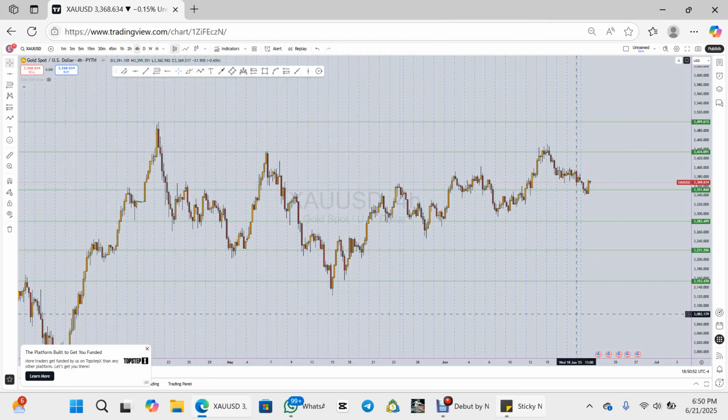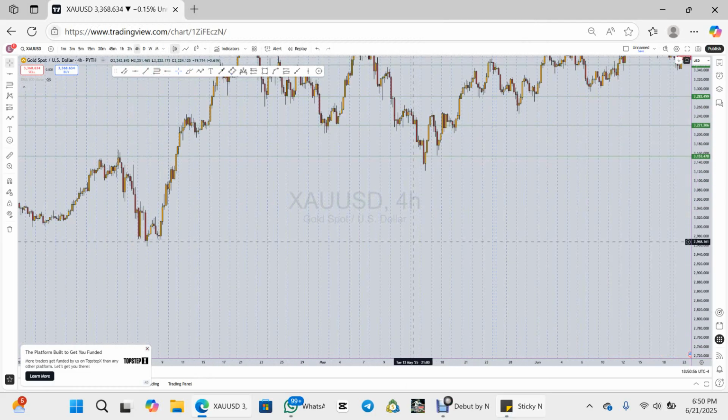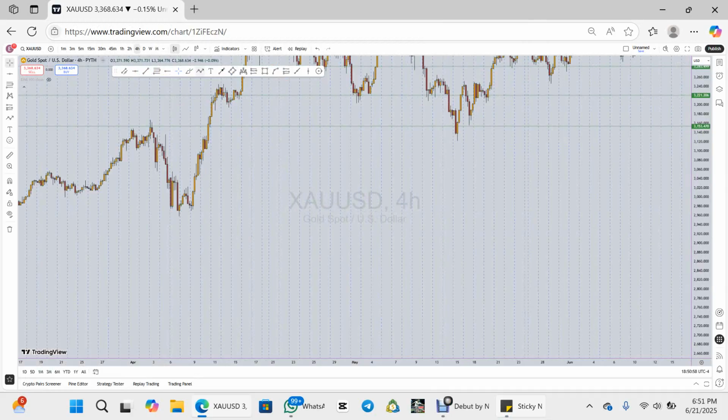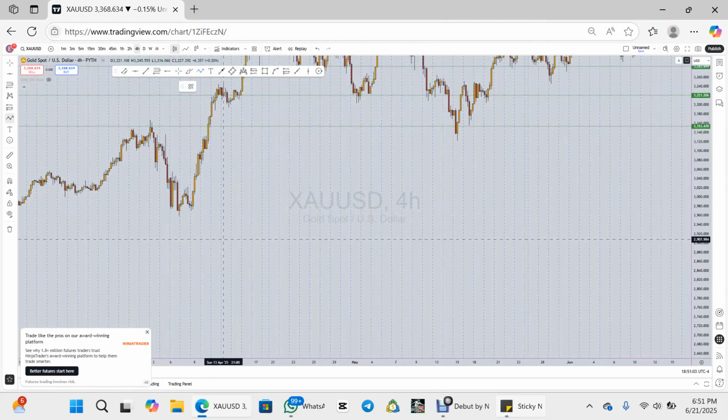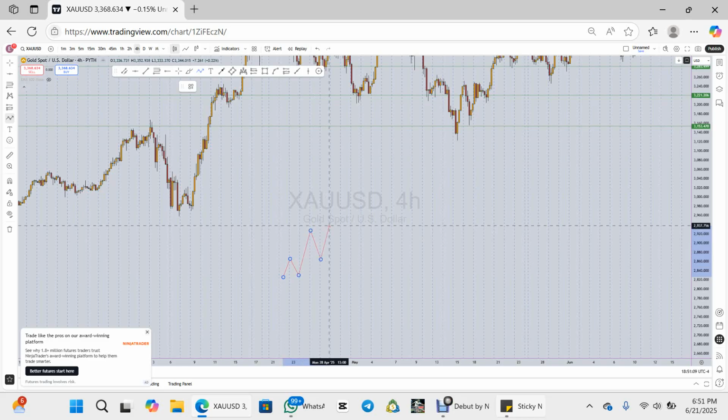Now let me explain that step 2 for you guys here. What it means is that, let's say you have a zone right here. So price keeps going up like this, and remember you're on the 1 hour time frame. You want to mark a zone like this once price breaks out this way.